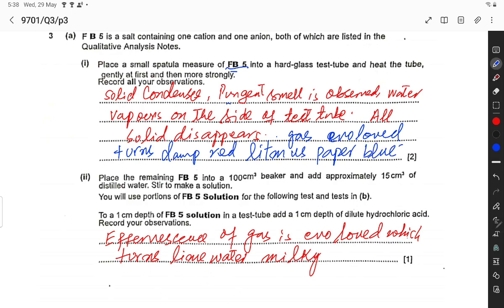It means this contains ammonium ions, which produce a pungent smell and which turn damp red litmus paper blue.